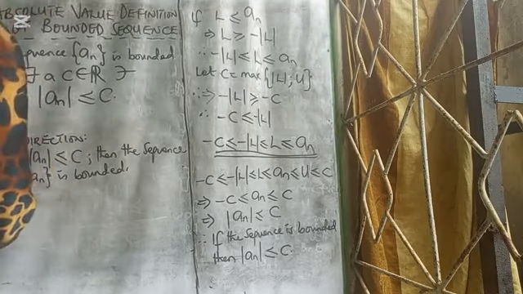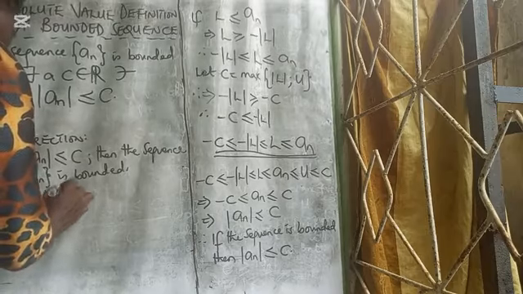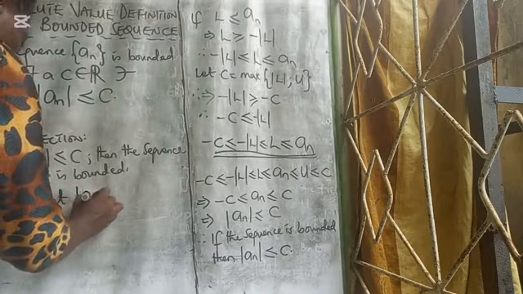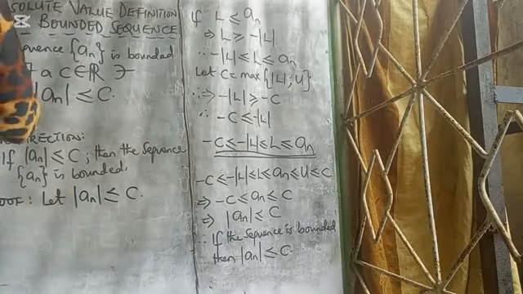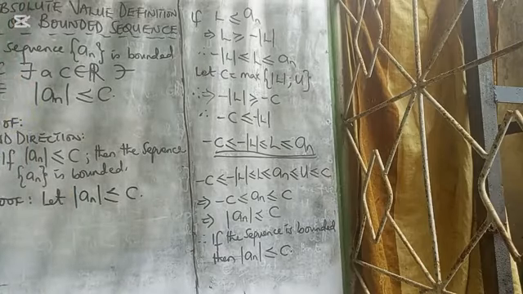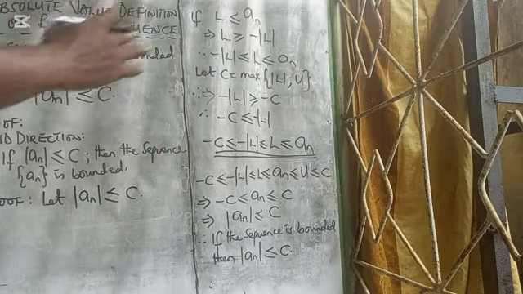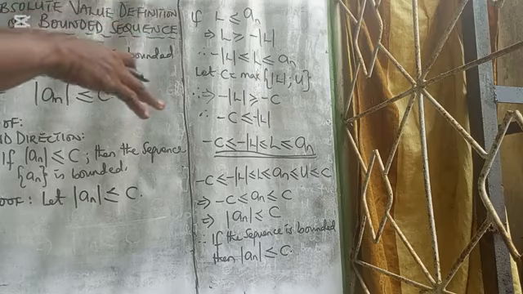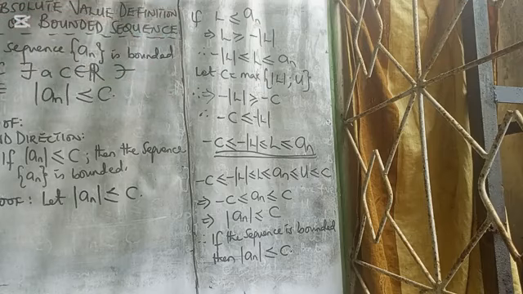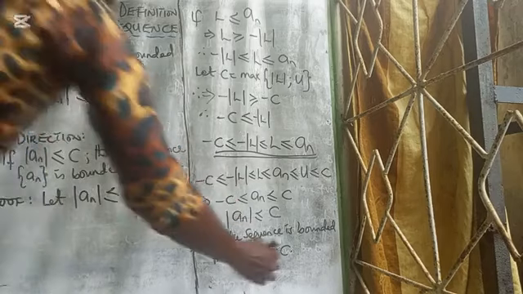So again, to prove that, let the absolute value of A sub n be less than or equal to C. Remember when we wanted to prove the first direction, we said let the sequence be bounded. And then we used the definition of bounded sequence having lower bound and upper bound until we got to that point.